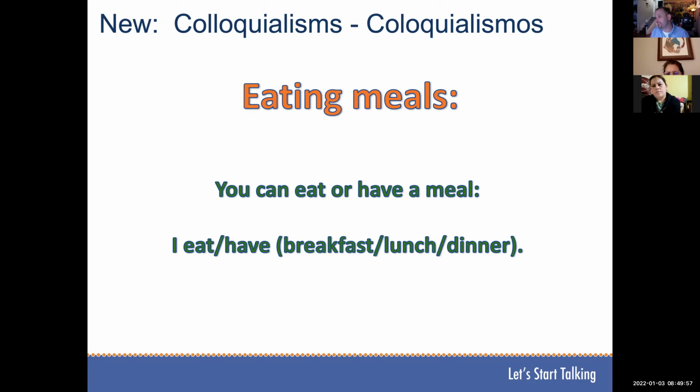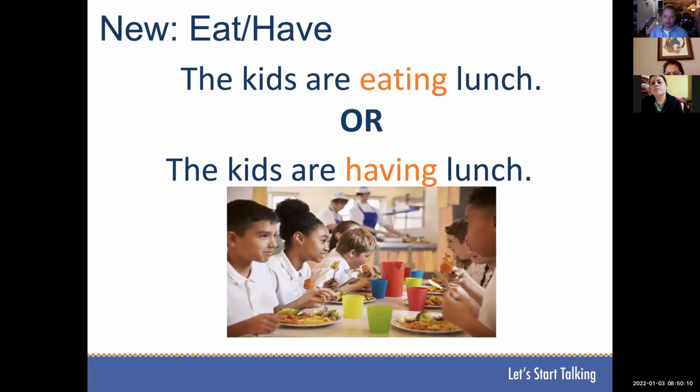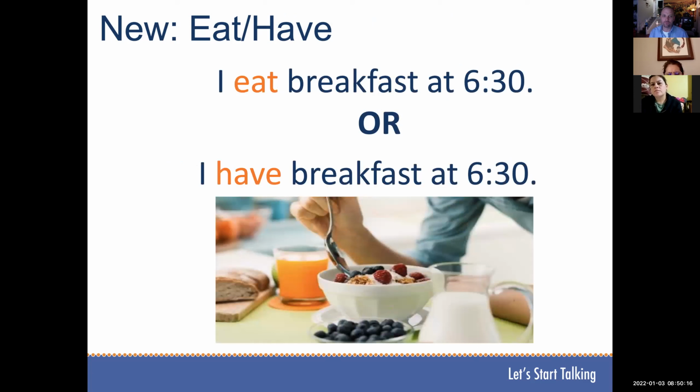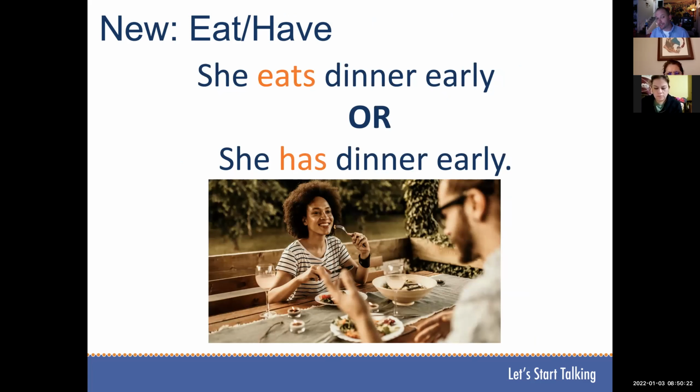I eat breakfast at 9 in the morning. I have breakfast at 9 in the morning. I have lunch with my son. I eat dinner with my mom. Es correcto decir de las dos maneras. For example, the kids are eating lunch or the kids are having lunch. I eat breakfast at 6:30 or I have breakfast at 6:30. She eats dinner early or she has dinner early.